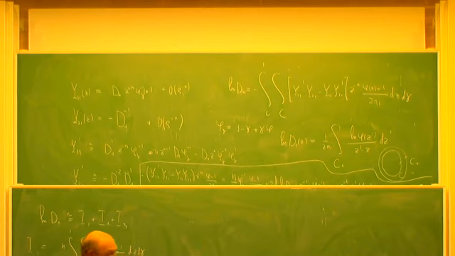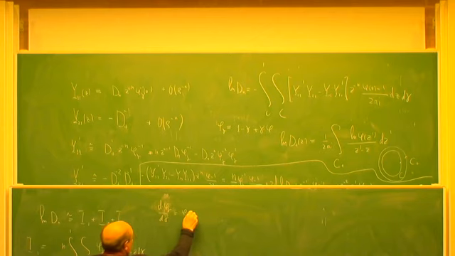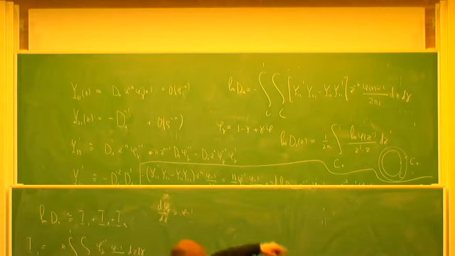Now, a simple observation. What is phi minus 1? You see, the derivative of V gamma over gamma is exactly phi minus 1. So phi minus 1 is just the derivative of V gamma with respect to gamma.